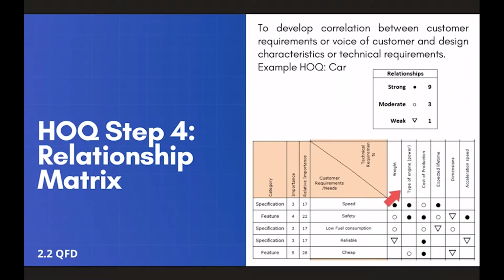And then let's say in terms of weight, if we lessen the weight, so in terms of safety, maybe there is some material will be reduced, and then some part will not be used, so it might make the safety features not suitable, not in their optimum performance, let's say.